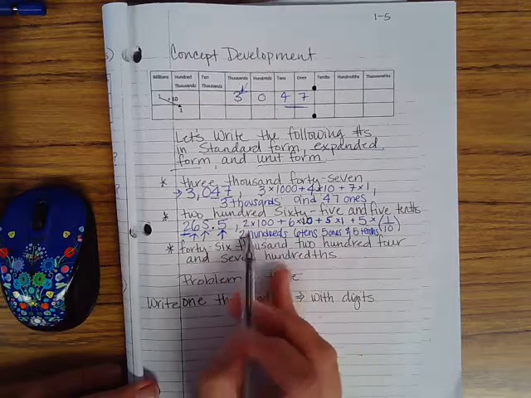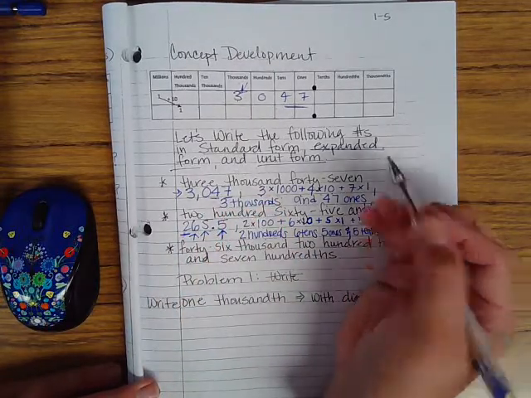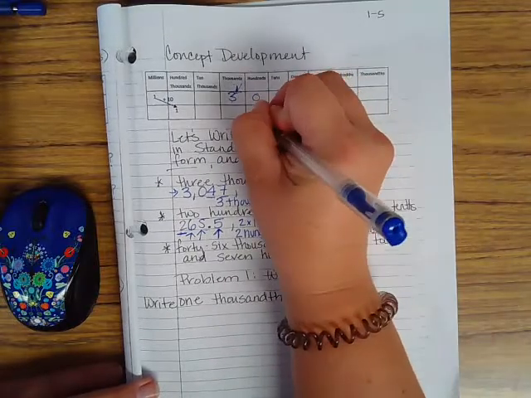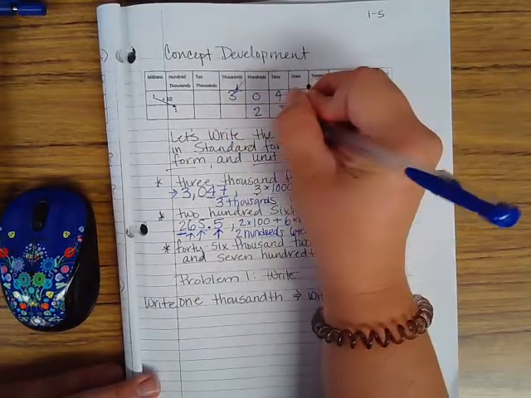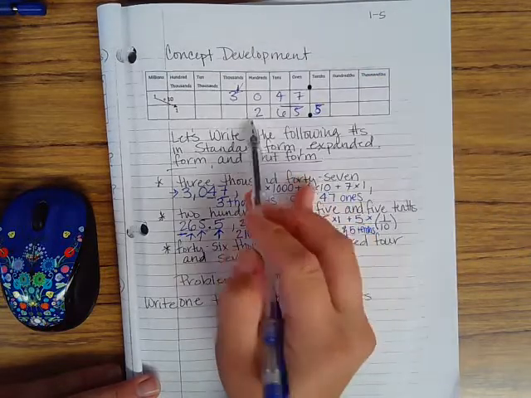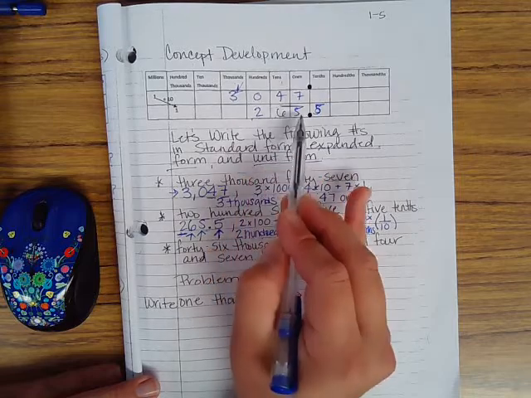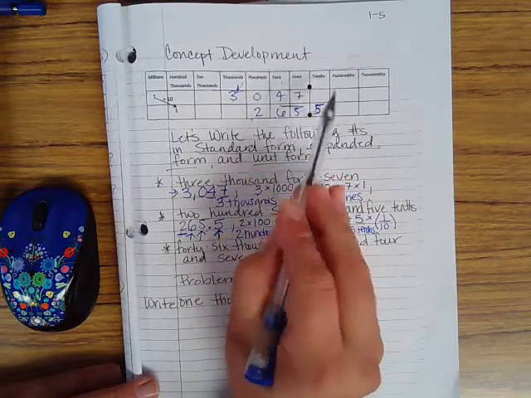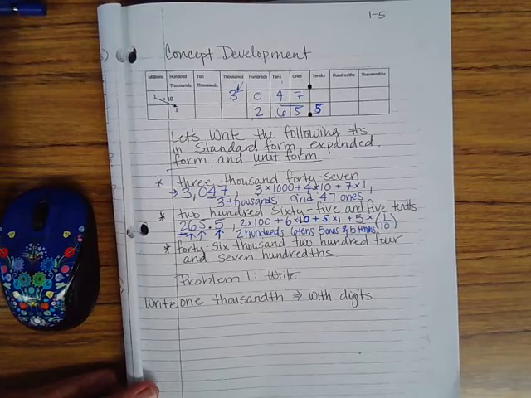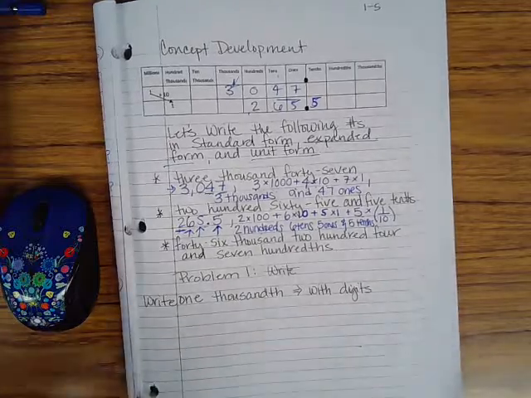Do you see how I broke it up? I kind of wrote it how it would be up here, right? So if it was 265 here, I wrote it 200s, 6 tens, 5 ones, and 5/10. That would be unit form. Okay.